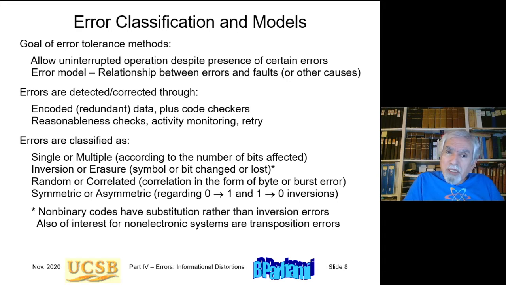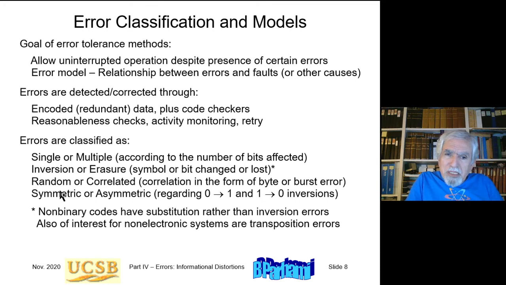So some reasonableness checks based on prior knowledge or domain knowledge about the data can allow us to detect errors without any encoding. But those are exceptions. Usually for normal data that we process, we need encoding.